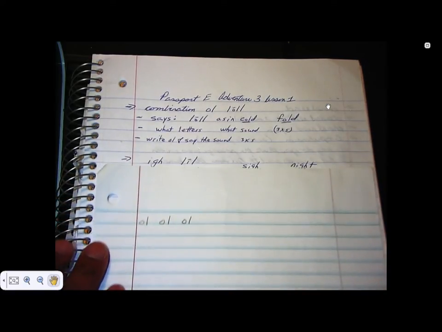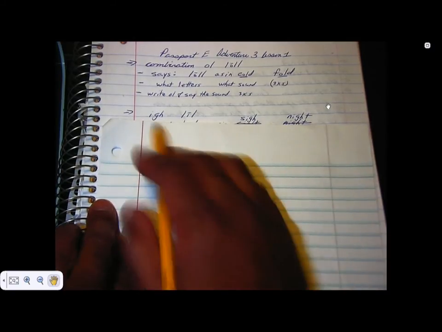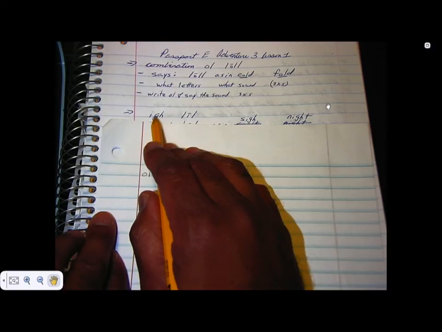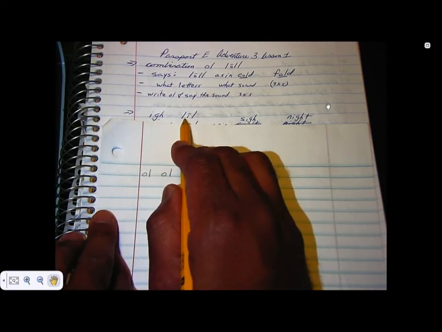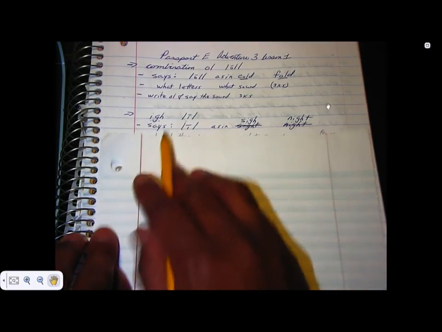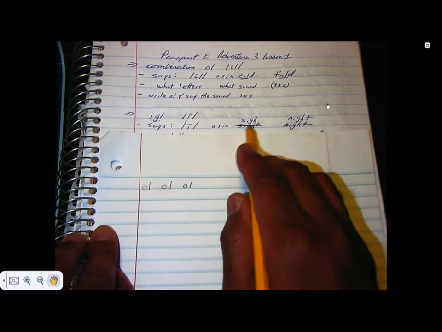Very good. Now, just that quickly, we're going to go ahead and move on. We're going to look at these 3 letters, IGH. Together, IGH is actually called a trigraph, but IGH says I. IGH says I as in side.